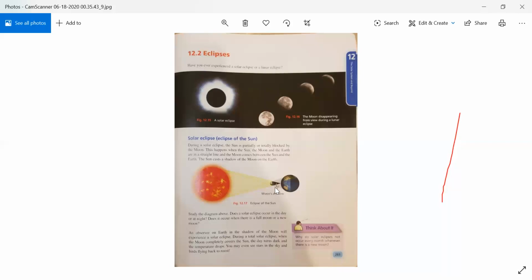Okay, you can see over here as well that this is the moon, and the moon will be in the center of the sun and earth, so we will have a solar eclipse at that time.